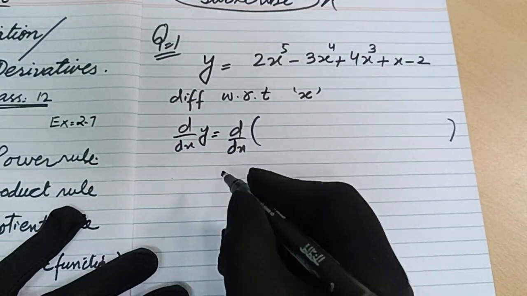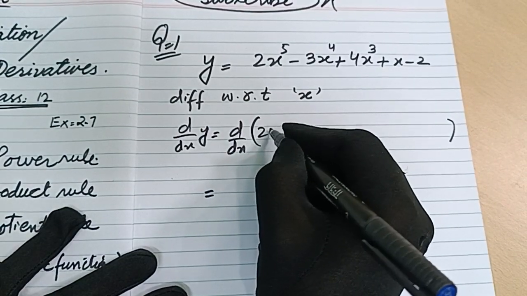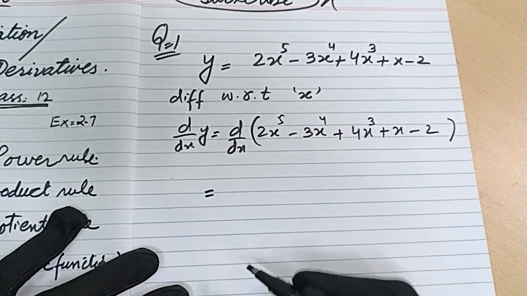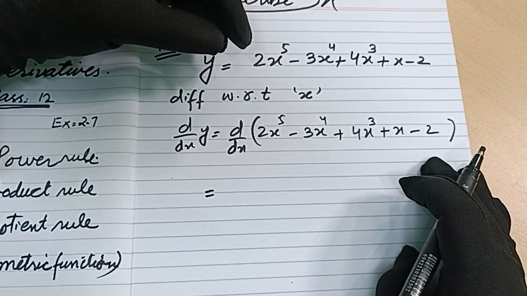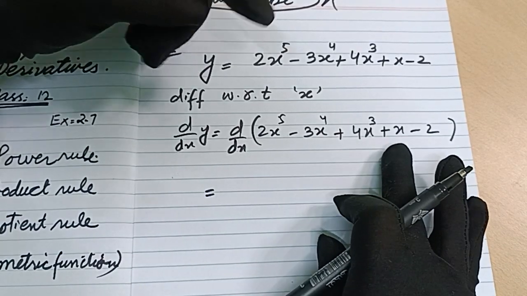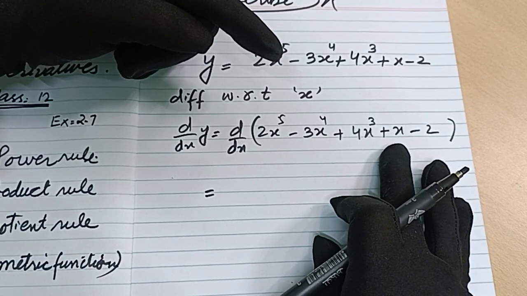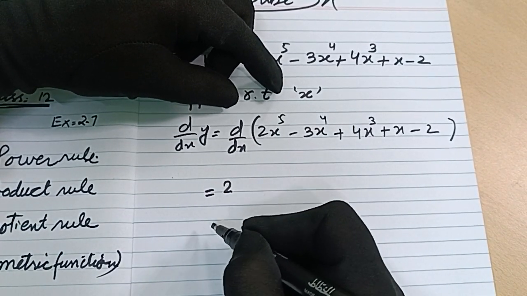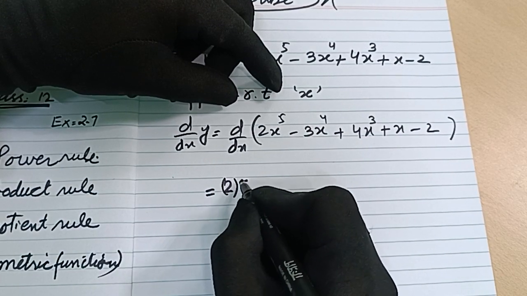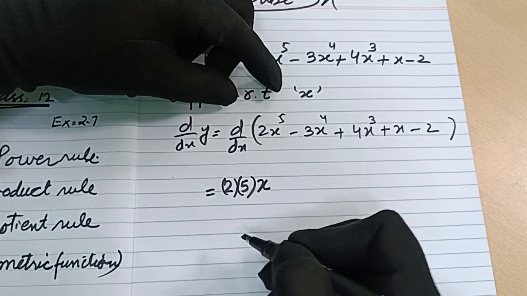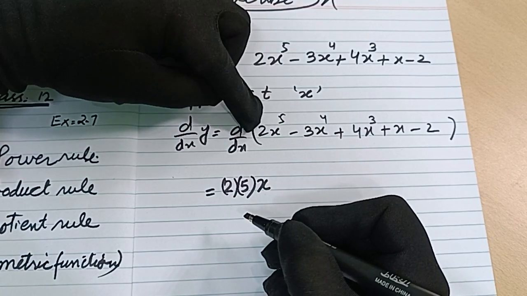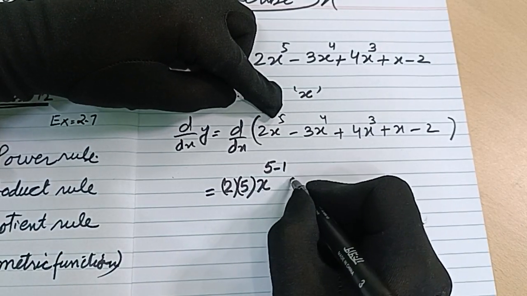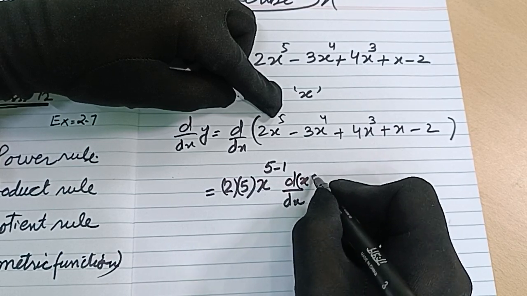Now apply the derivative on this complete expression. This is a simple polynomial, and when each term has only one variable, you can apply the power rule. Power rule means the power is written in the start and multiplied by the previously present coefficient. 2 is the coefficient already here, so the power 5 is multiplied with it, then power minus 1, with the derivative of the variable without power.